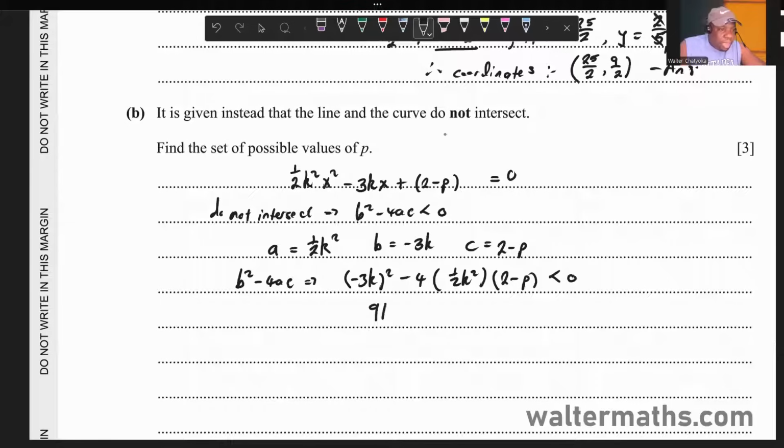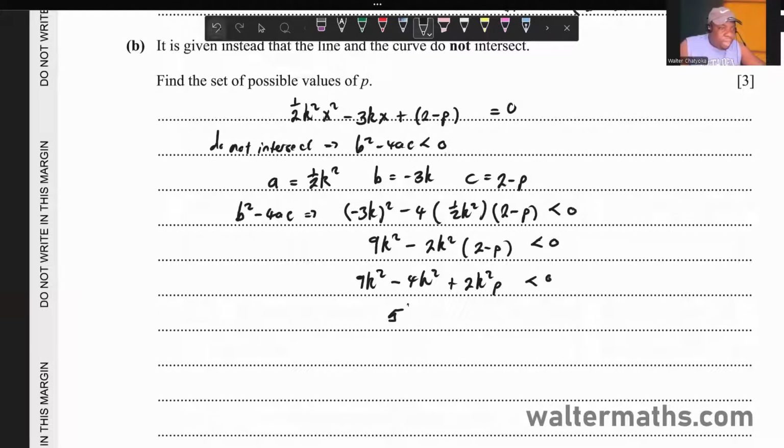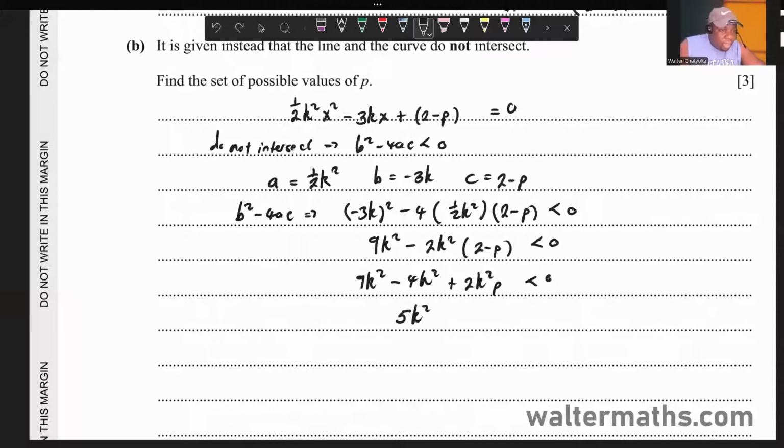So that's 9k squared, and that's minus 2k squared of 2 minus p is less than 0. So that's 9k squared minus 4k squared, and that's going to be plus 2k squared p being less than 0. So that's 5k squared plus 2k squared p being less than 0.